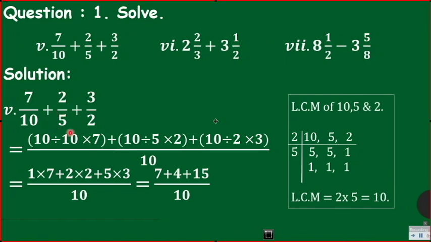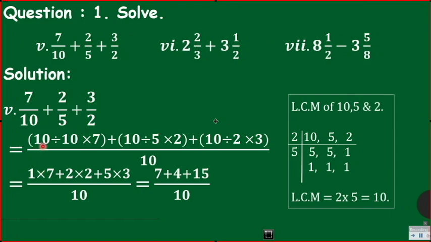Similarly, for the second fraction, divide the LCM by the denominator of the second fraction, 10 divided by 5. Then multiply the result with 2. So here in the third, divide the LCM by the denominator of the third fraction, 10 divided by 2, and multiply the result with the numerator.